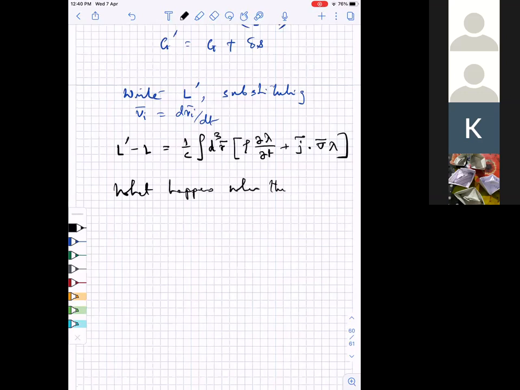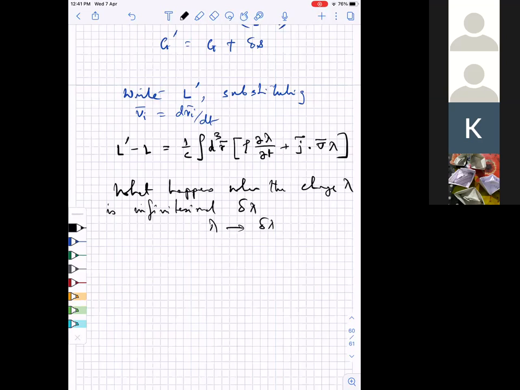Let's say delta lambda. So lambda going to delta lambda, what will happen? Remember, as I said before, when we started with Noether's theorem, we basically said that if there's an infinitesimal change and that infinitesimal change does not change the action, then that is related to a conservation law.